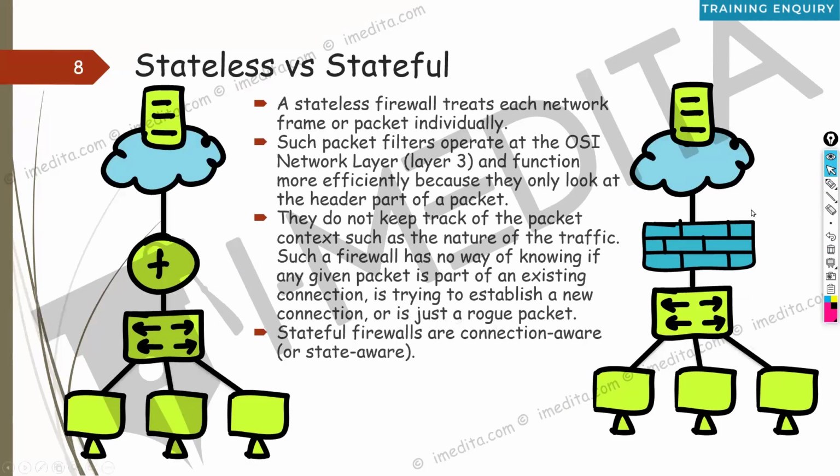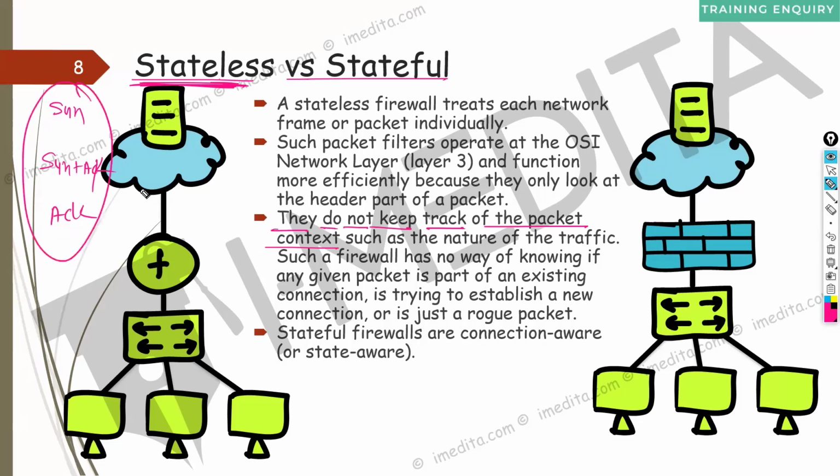Next is the difference between stateless and stateful firewall. The major difference is when we talk about stateless filtering or firewall: stateless firewalls do not keep track of packet context. They don't track whether the first packet is SYN, the second packet is SYN plus ACK, and the third packet is ACK.